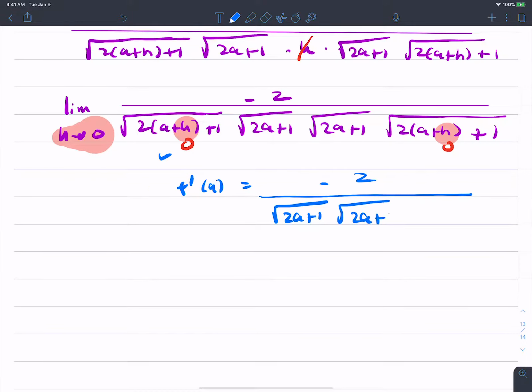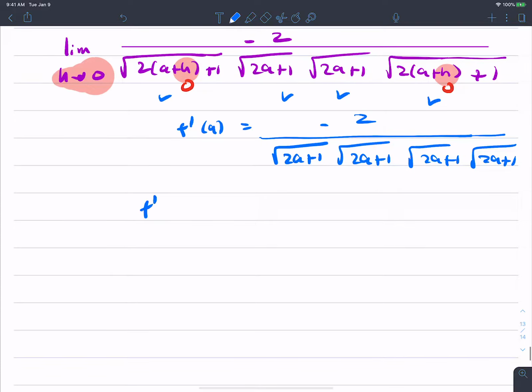This is going to be 2a plus 1, the second one. 2a plus 1, the third one. 2a plus 1, the last one. So you might say, how many of these do I have? Well, ladies and gentlemen, this is to the 4th power, so you have the square root of 2a plus 1 to the 4th power.